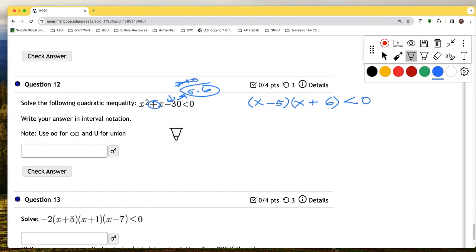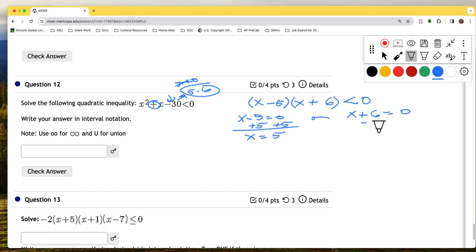Okay, now they don't have all the intermediate steps, but we will do the same thing we did on the last one. We're going to solve for where they're equal to 0. So x minus 5 equals 0, or x plus 6 equals 0. This one we add 5 to both sides. X equals 5.